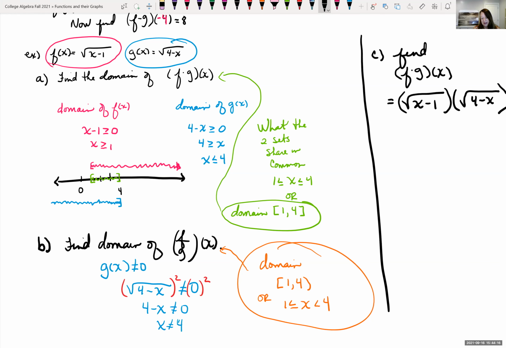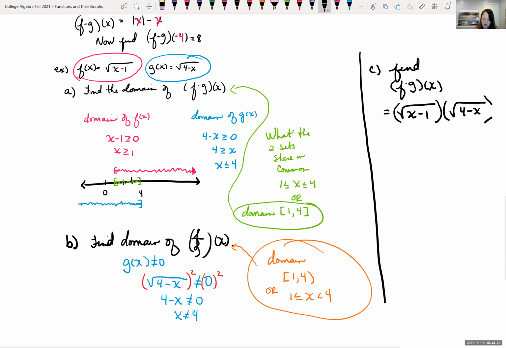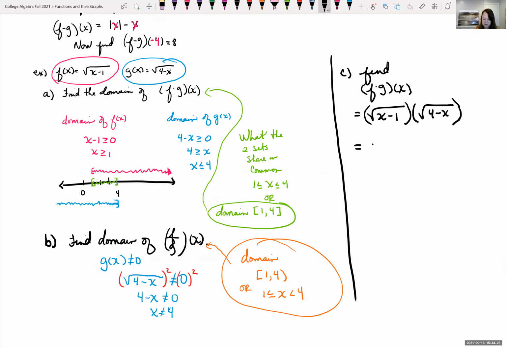Well, they're both radicals. We've made sure that nothing's going to give us a negative number underneath the radicals. And so this is equal to the square root of x minus 1, what was underneath the one radical, all times 4 minus x, what was underneath the other radical. If I distribute this out, I can simplify a little bit. It's not going to really help me do anything but simplify it down, but we can if we want. I would probably leave it like that.